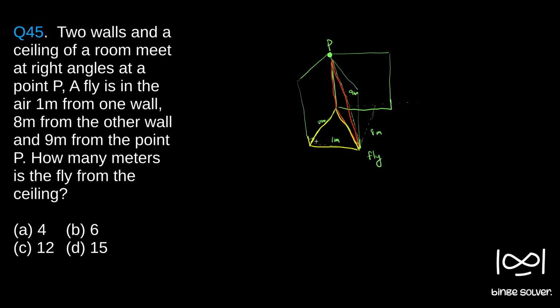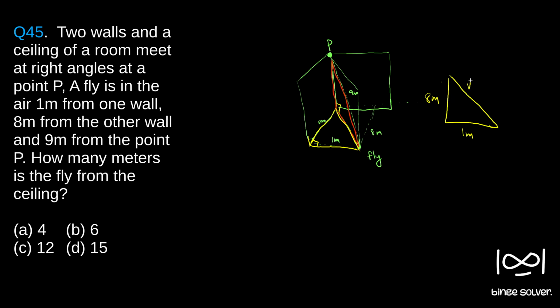Here it is a right angle like this. So the yellow right angle triangle is like this. You do separately. This is 8 meters and this is 1 meter. So this distance you can use Pythagoras theorem.